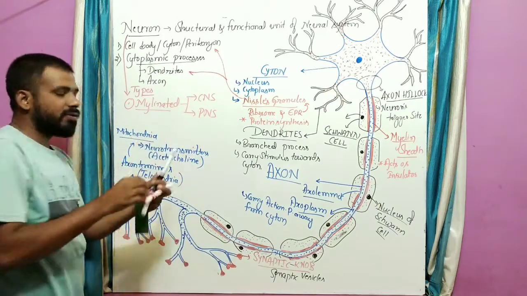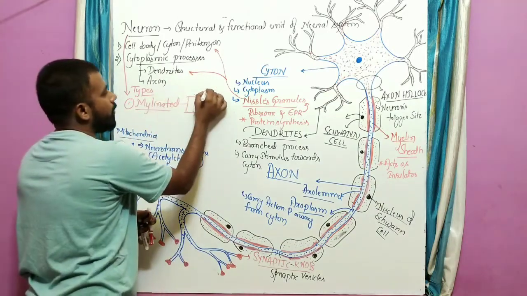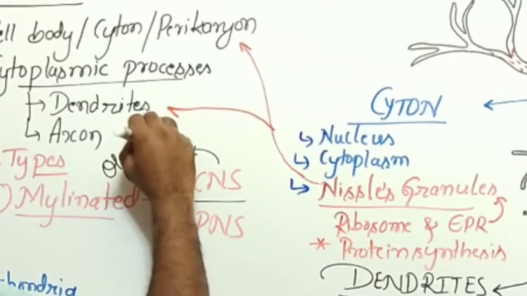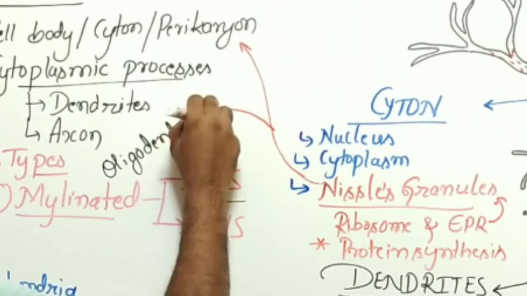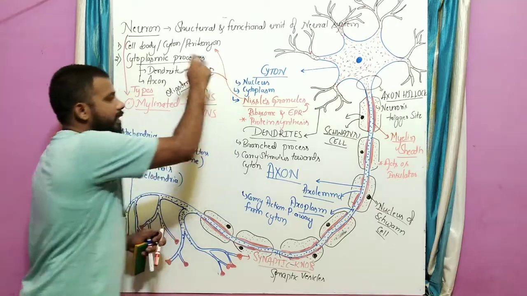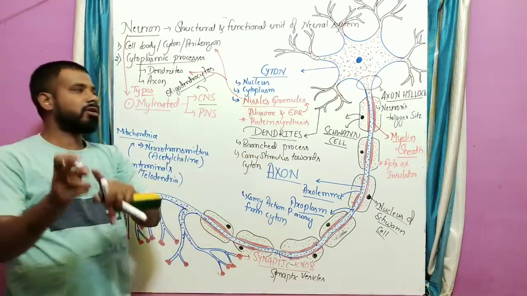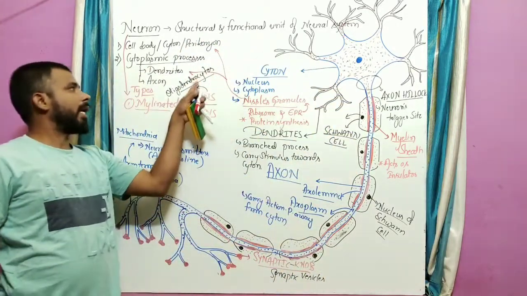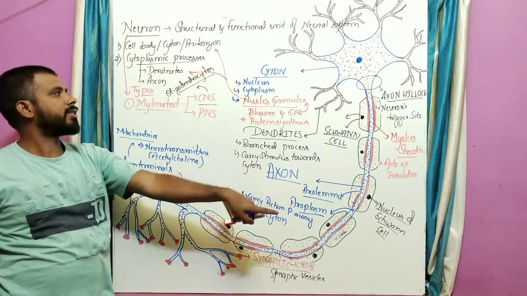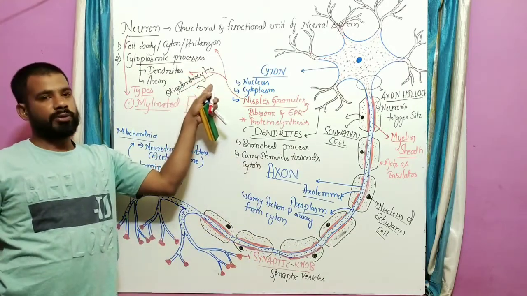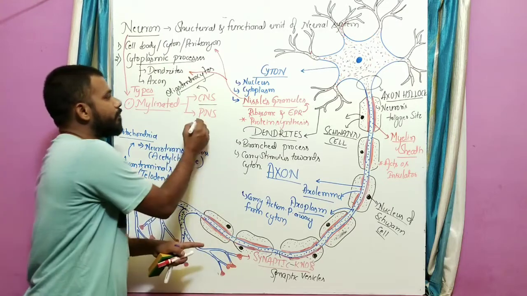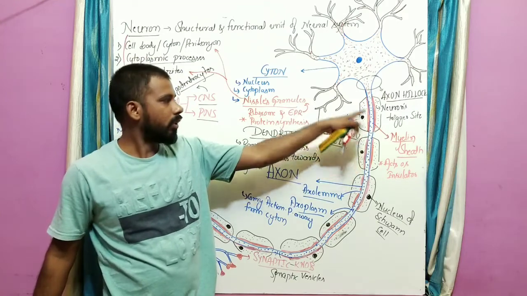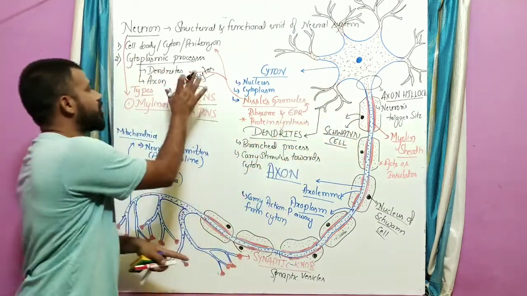But in the central nervous system, there are other neuroglial cells called oligodendrocytes, which help in myelinogenesis. So you have to remember: in the CNS, the axon is surrounded by oligodendrocytes, and in the peripheral nervous system, the axon is surrounded by Schwann cells, which help in the formation of the myelin sheath.